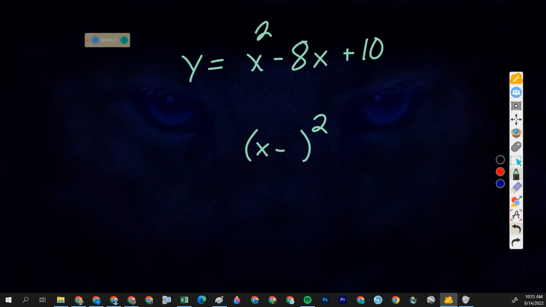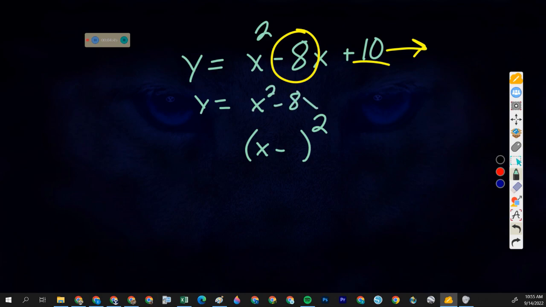No. In a perfect square trinomial, this divided by 2 times itself would be that. It's not the case. So what I'm going to do is bump the 10 out of the way. And I get x squared minus 8x. I'm going to leave a space plus 10.